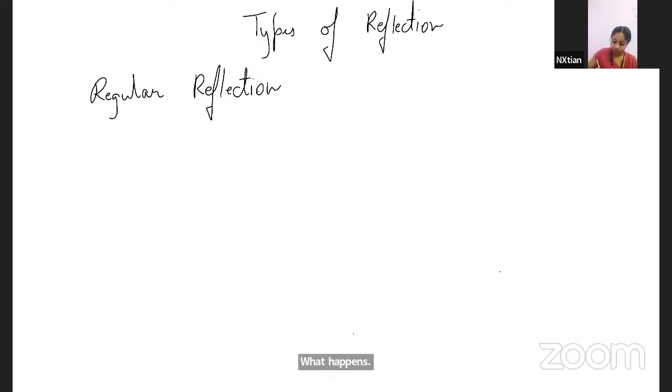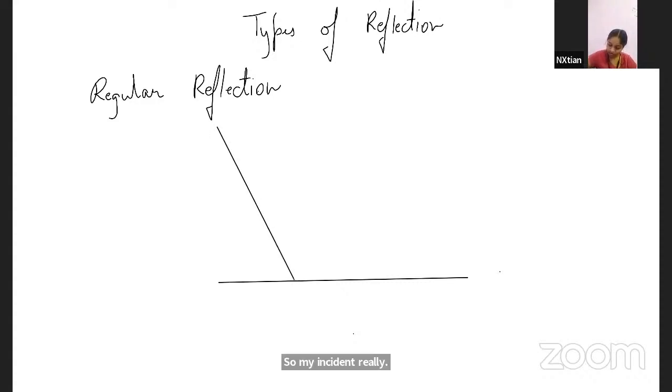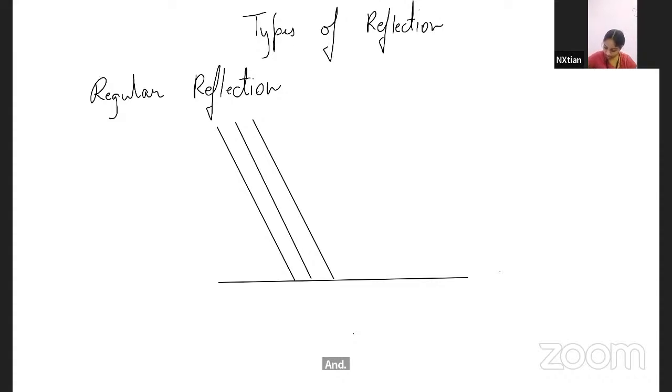Suppose I have a mirror or a smooth plane surface. My incident rays will fall on the surface and my reflected rays will get reflected.